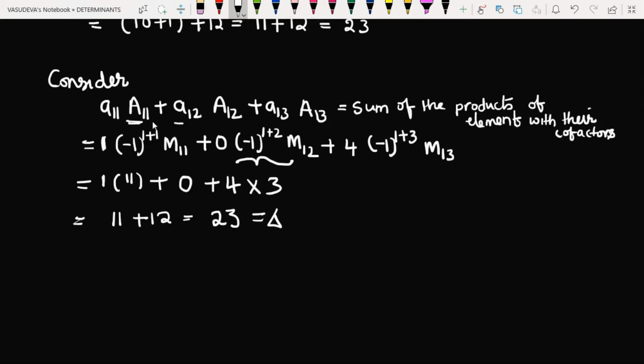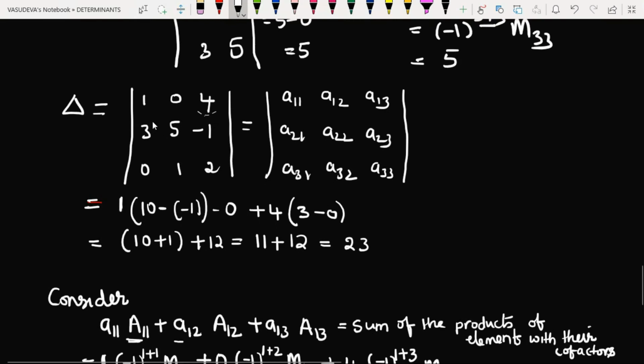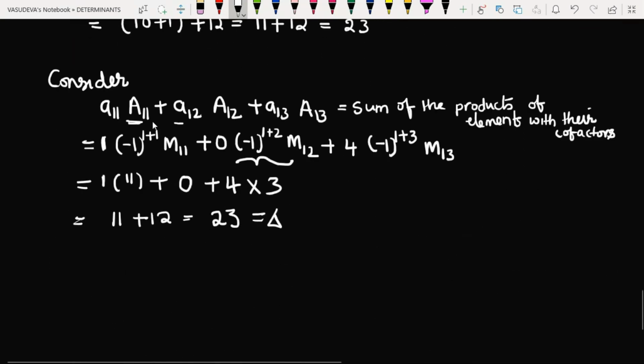Now again consider the second row, a21, a22, a23.